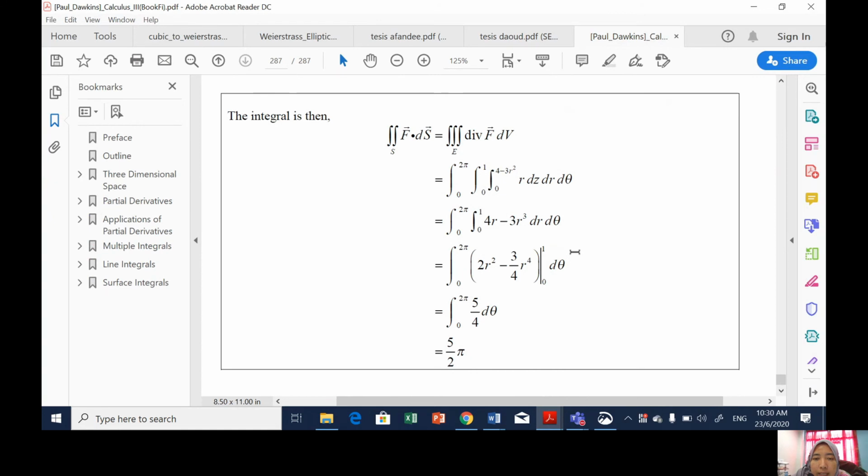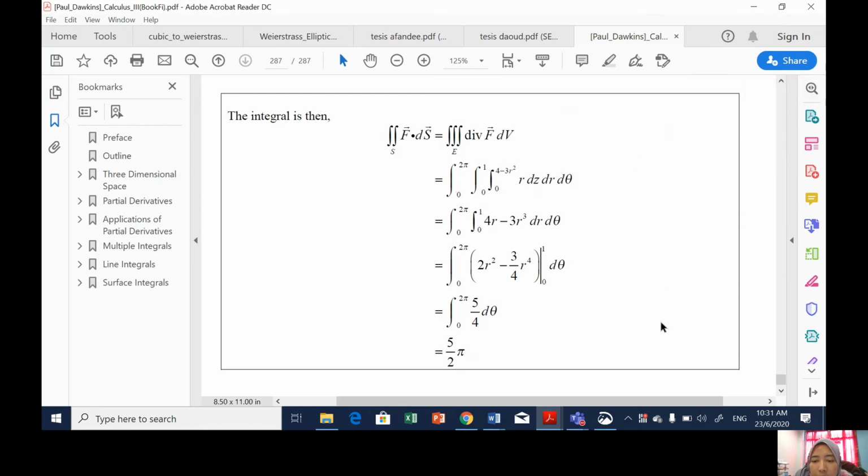So we identified that the divergence of F is equal to 1, and that we are going to use dV as either dz dr d theta or dz d theta dr. You can choose either one. If we choose, for example, dz dr d theta for dV, then this will be the limit for z, this one the limit for radius, and this the limit for theta.